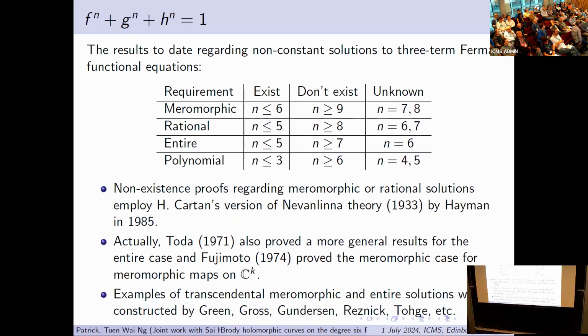Okay. However, before Walter Hayman, actually, Toda and Fujimoto also considered this functional equation, actually more general. They also considered the case when these degrees are not equal. Okay. So, and then there are other people who try to construct explicit solutions.